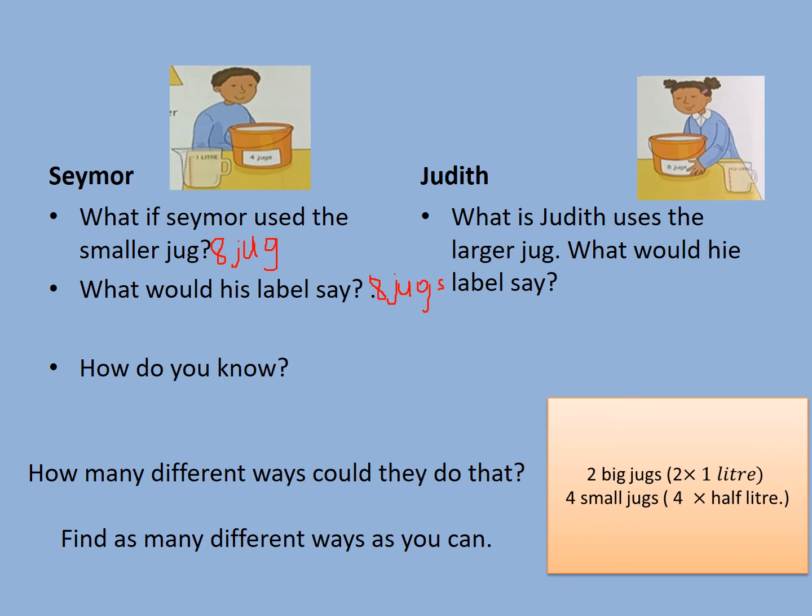Okay, for my own reason, I think so because the small jug is half a liter and the big jug is 1 liter. So we'll need to carry with the small jug many more times than we'll need to carry with the bigger jug.